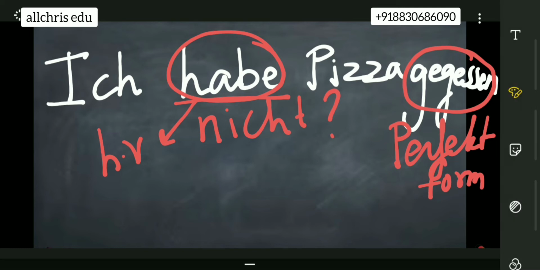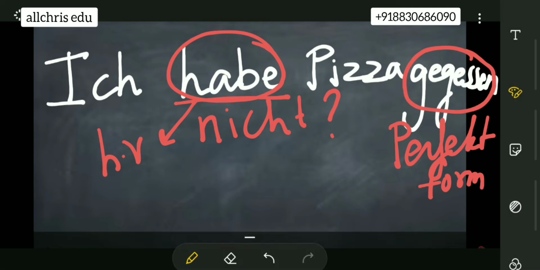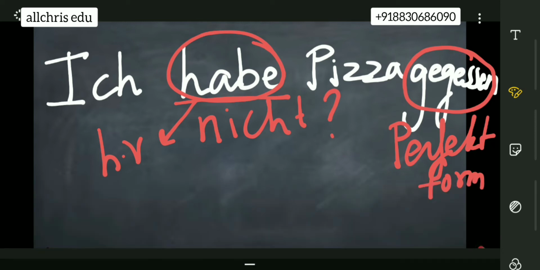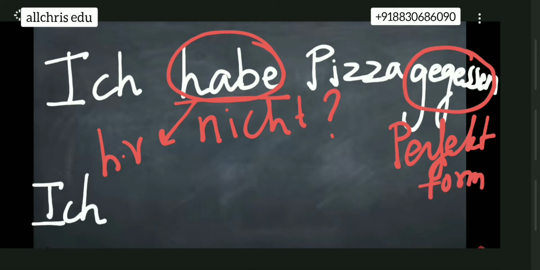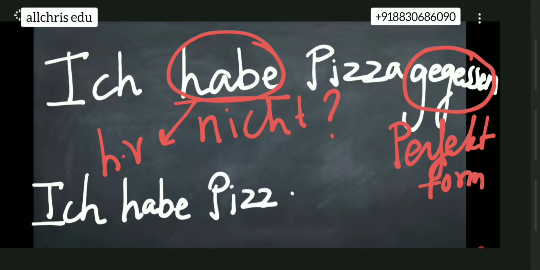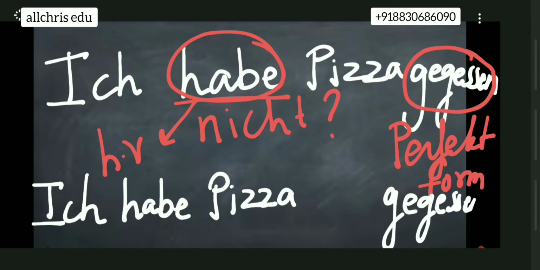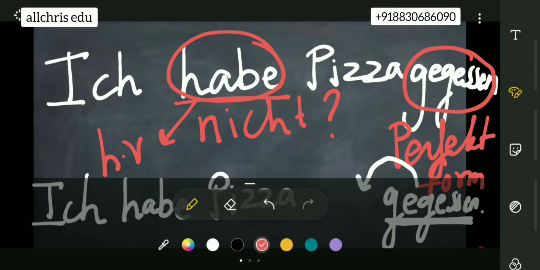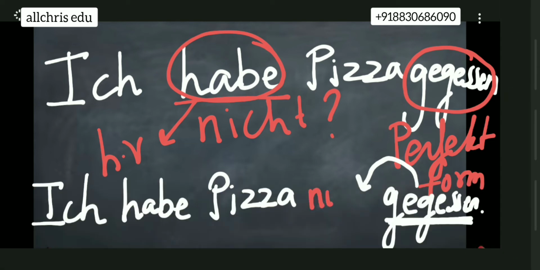So in this case of perfect form, we write the sentence in this manner: Ich habe Pizza, and where your word gegessen will be there. You can just keep in mind, wherever your perfect form will be there at the end, exactly before that perfect form, you are going to use the word nicht.